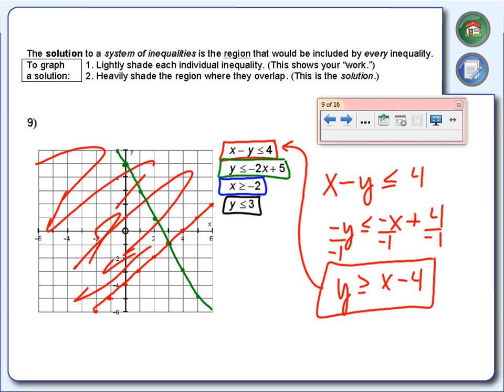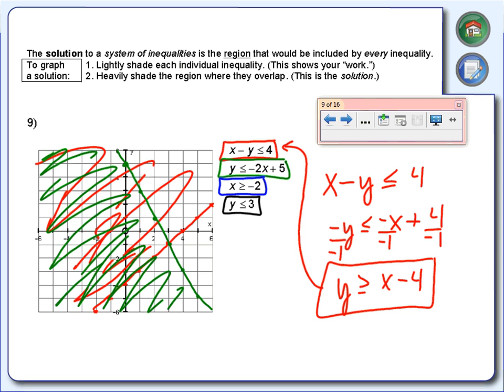Less than is to the bottom, yeah. There you go, that's the bottom. All right, there it is. There's our second one.